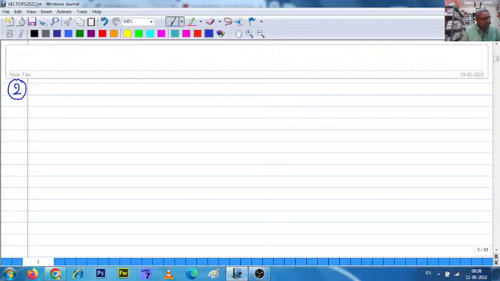So second concept. For example, let i cap, j cap, k cap be unit orthogonal vectors.